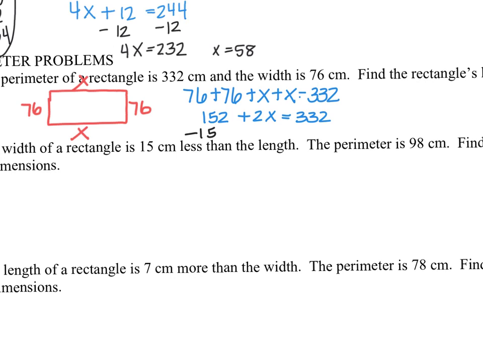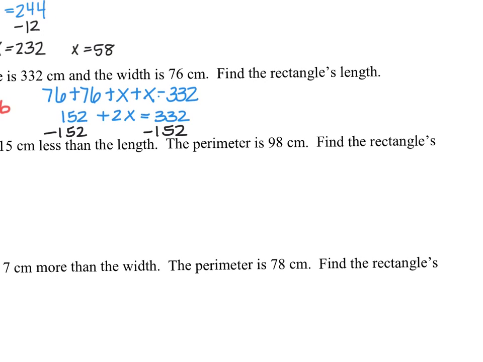Subtract 152 from both sides to get the x's by itself. 332 minus 152 is 180. So we get 2x equals 180. So x is 90. x was the length of the rectangle, so the length is 90 centimeters.